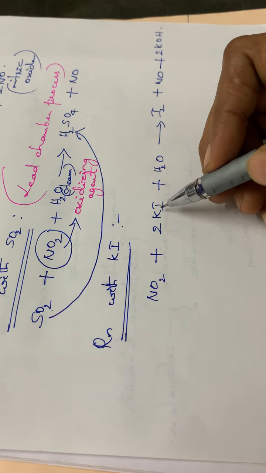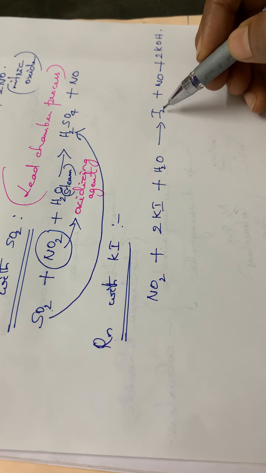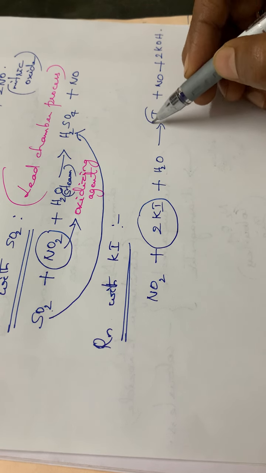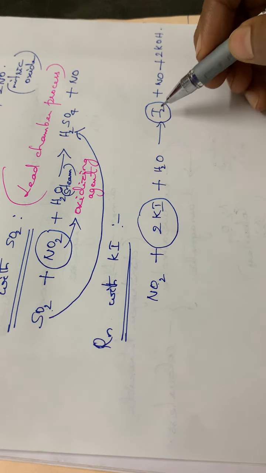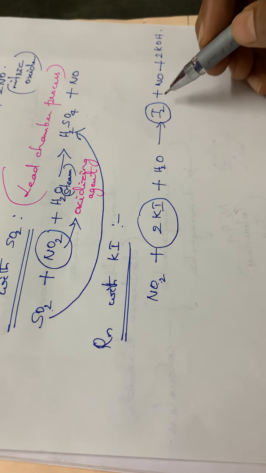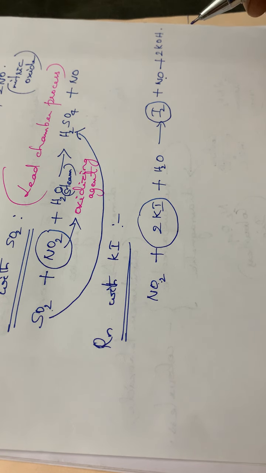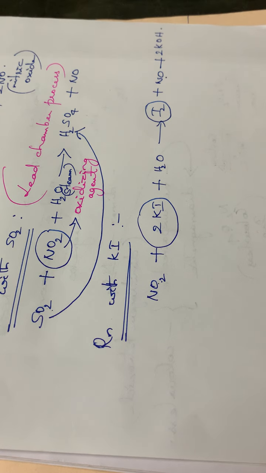So here potassium iodide is converted to iodine, or from the KI solution iodine is liberated. Iodine is a gas, isn't it? So potassium iodide reacts with NO2 to give iodine, which will be liberated, and nitric oxide will be one of the products. Okay, so that is the reactions of this NO2 molecule.